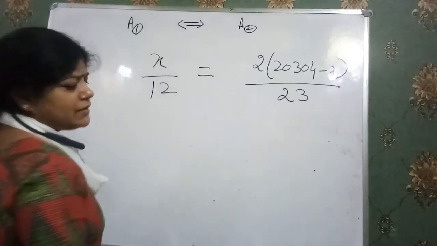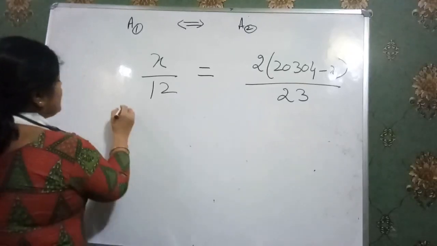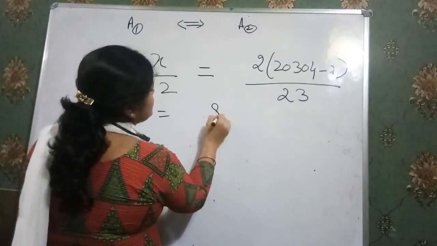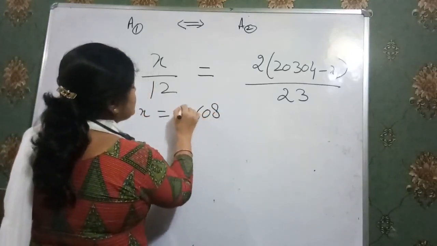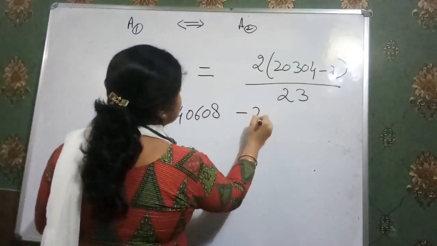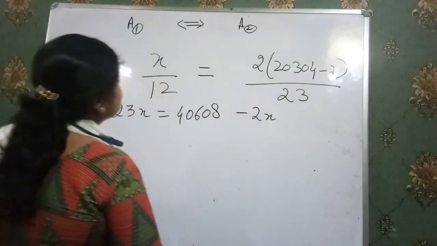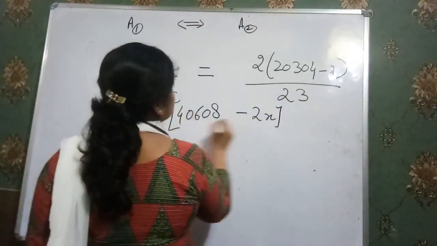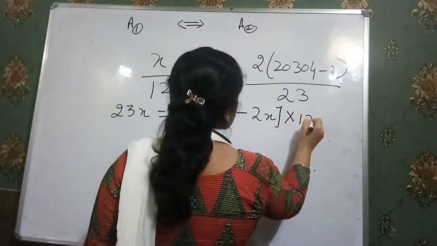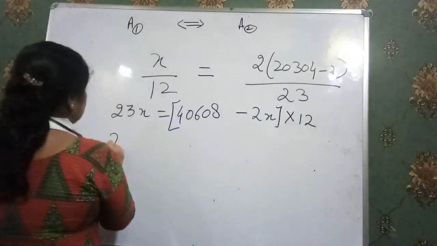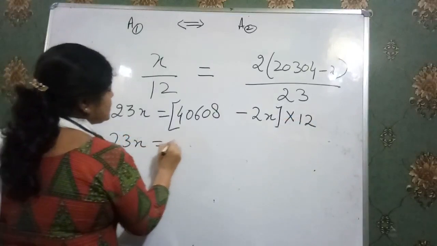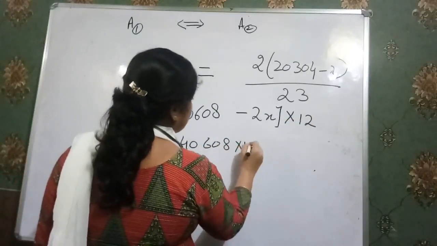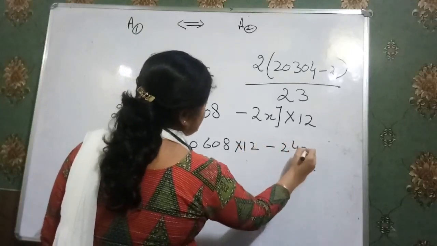Now we have to solve this by cross multiplying. We have 23x is equal to 40608 into 12 minus 24x.